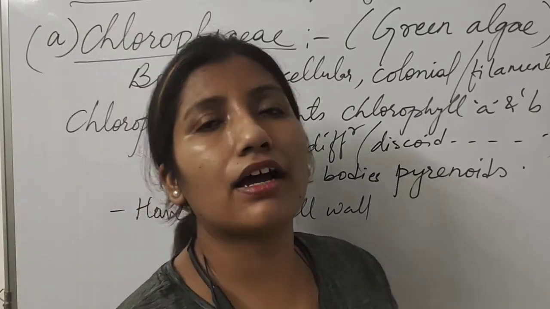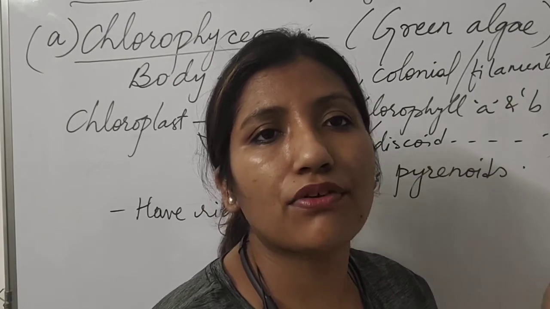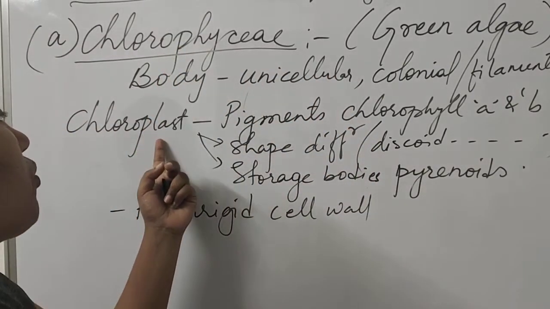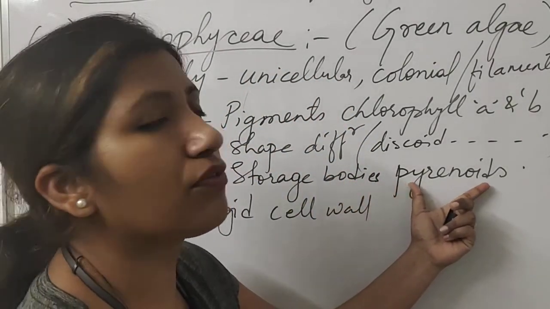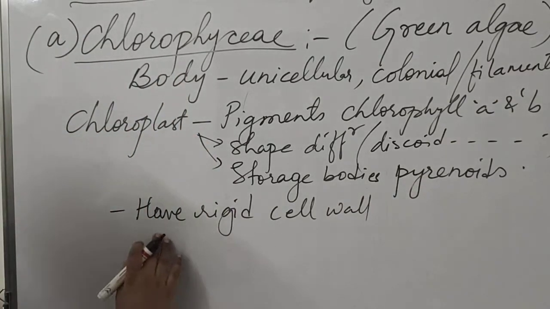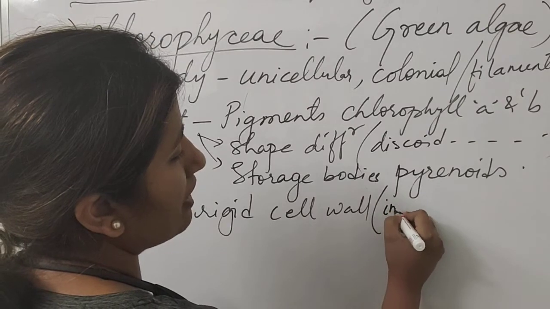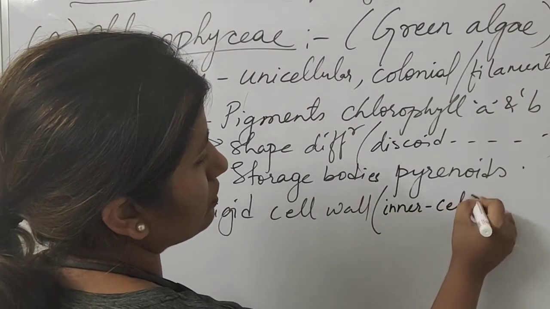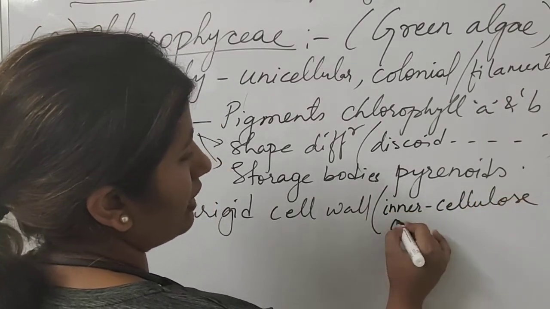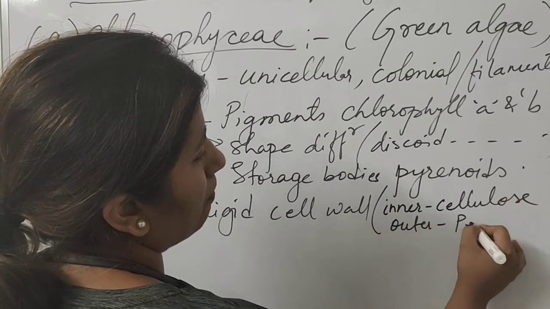Every organism has food stored in its body in different forms. In Chlorophyceae, the chloroplast stores food in the form of pyrenoids, and the rigid cell wall has an inner layer made of cellulose and an outer layer made of pectose.